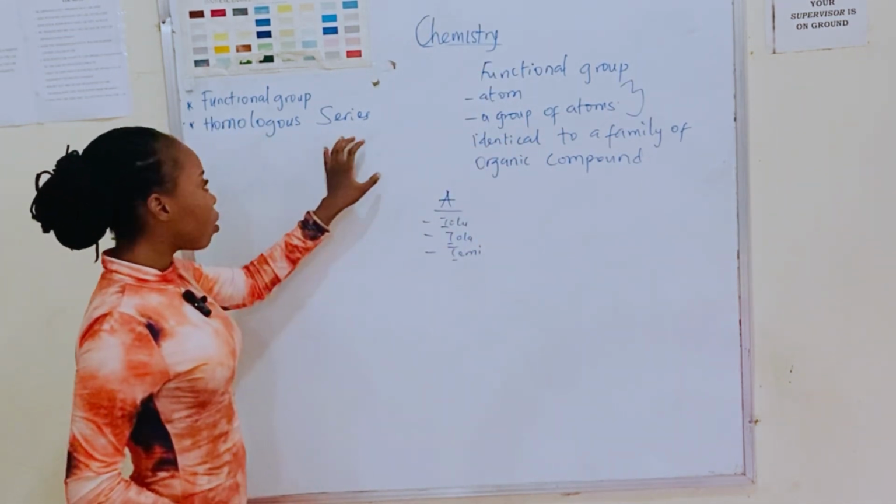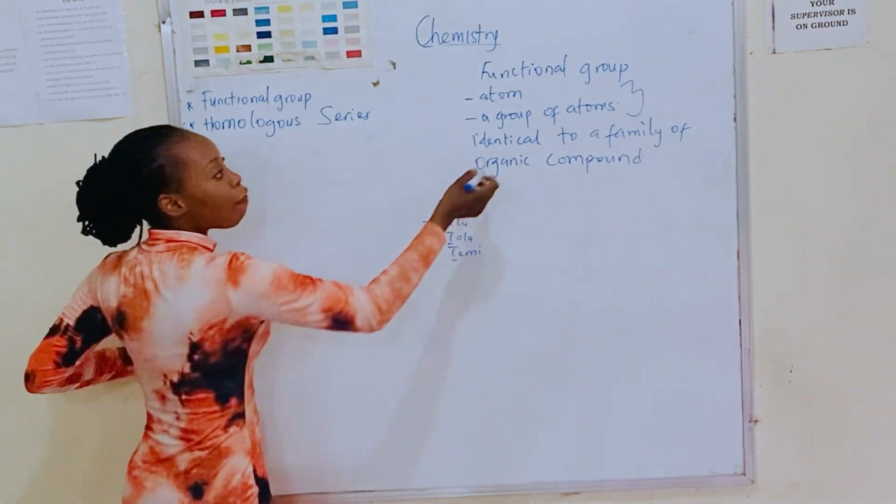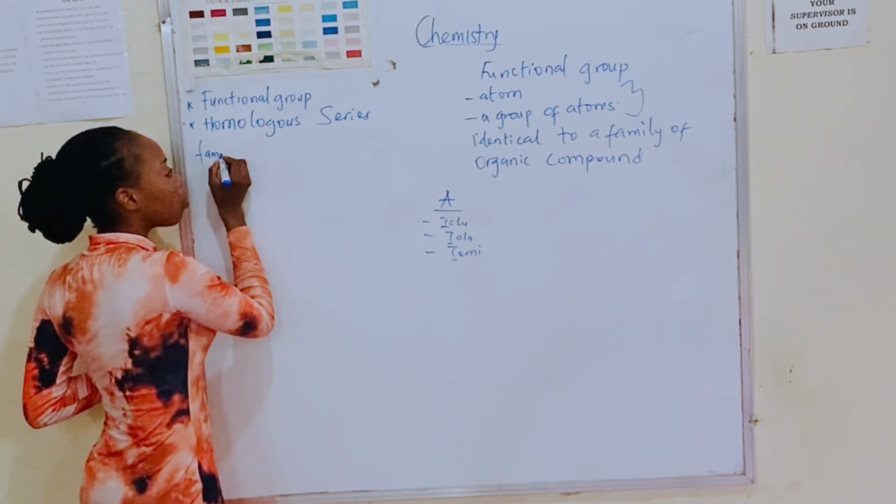Now, homologous series. Homologous series is a family. That particular family that we're trying to group is the homologous series, a family of organic compound.